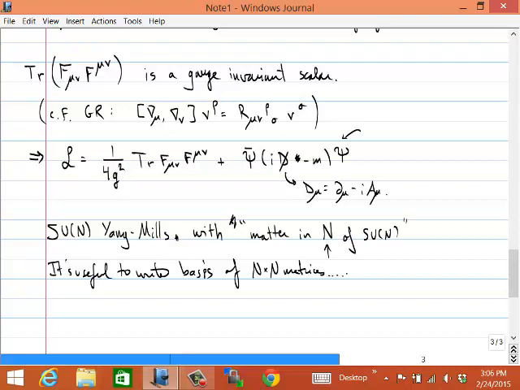And so what I'm going to do next for at least a few minutes is give you a brief, slightly schematic introduction to the theory of Lie groups, which is the mathematics that really underlies our description of this set of N by N matrices.